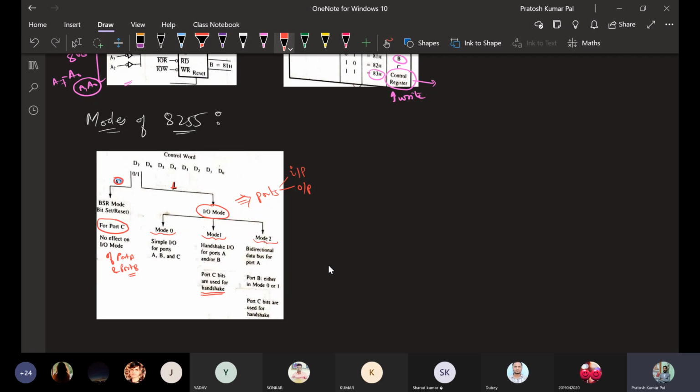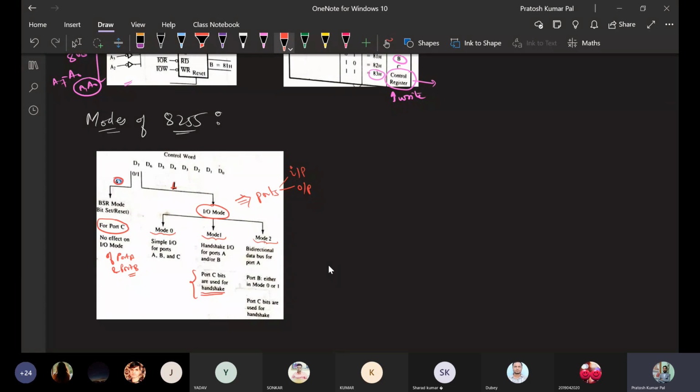So in mode 1, port A and port B will be working in either input mode or output mode, but this input or output mode will be decided based on the handshaking signals of port C. So port C here will be working as handshaking signals. Similarly, in mode 2, port A will be working as a bidirectional data bus, and port B will be working in either mode 0 or mode 1.